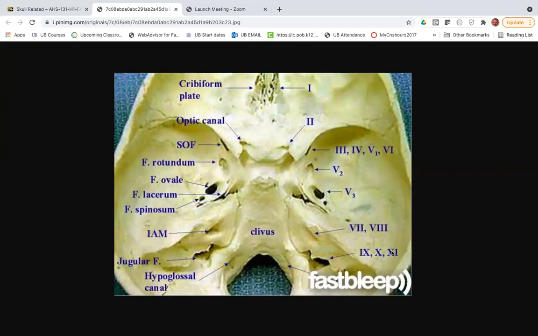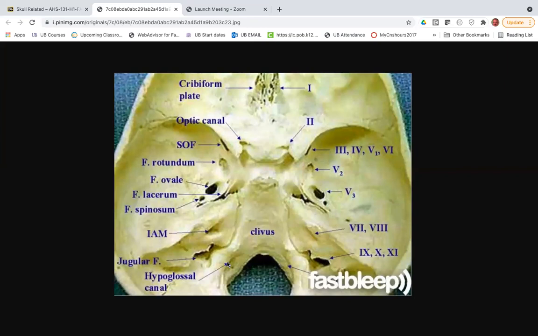Cranial nerve 11, spinal accessory, deals with the SCM muscle, the sternocleidomastoid, and the trapezius muscle. The last one, going through the hypoglossal canal, these holes here and here, is cranial nerve 12. That's called the hypoglossal nerve. That deals with the tongue, moving the tongue.